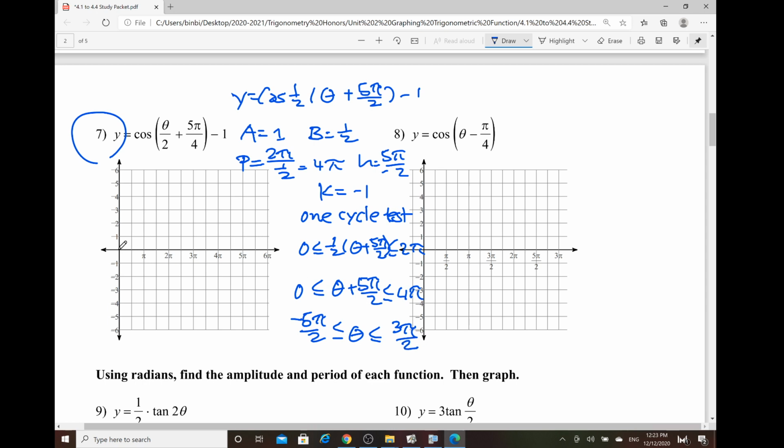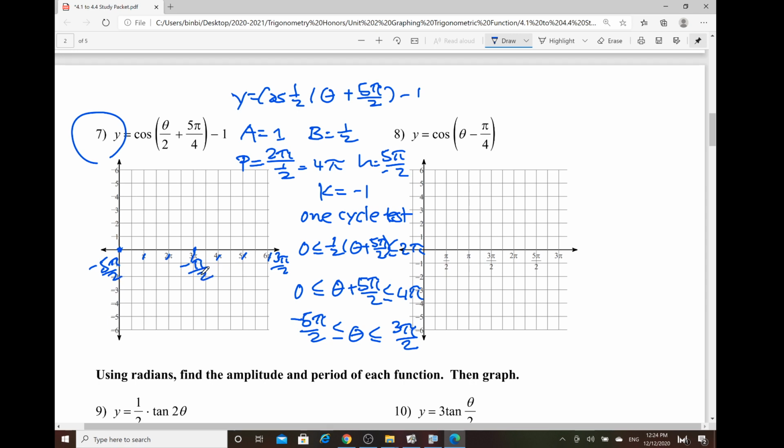Again, change the scale, so instead of starting with 0, you can start with -5 pi over 2. So just cross out all those radians. And then this one, 3 pi over 2. So half of the distance between 3 pi over 2 and -5 pi over 2, let's see, subtract. So -2 pi over 2, so -pi divided by 2, so it's -pi over 2.